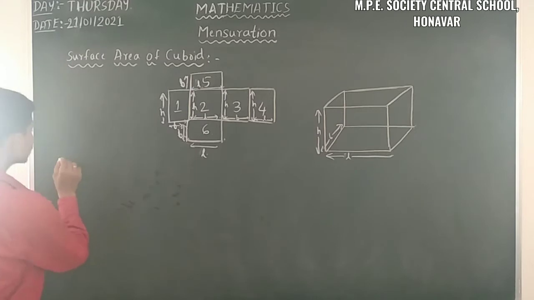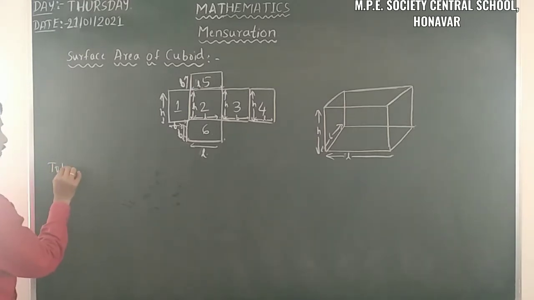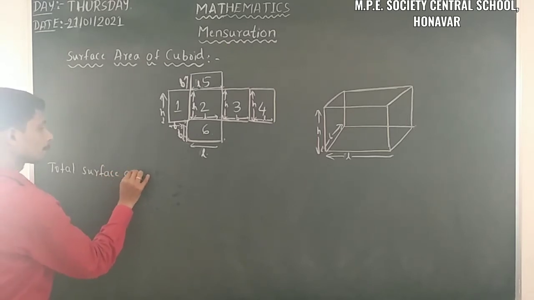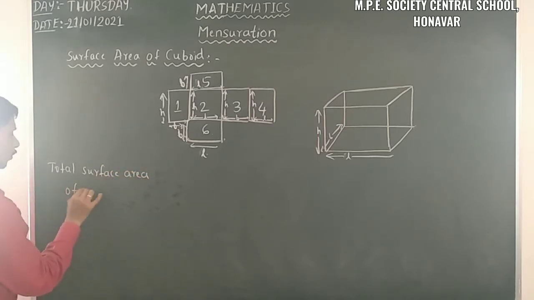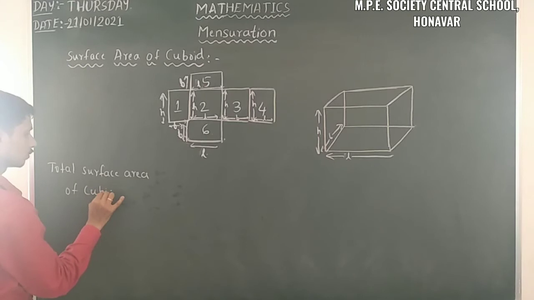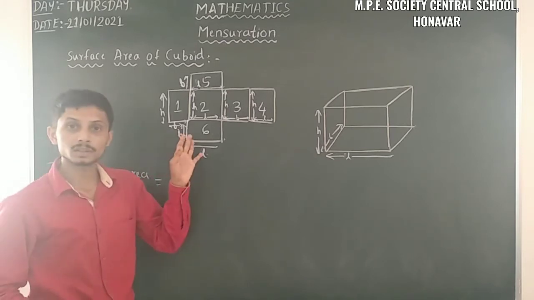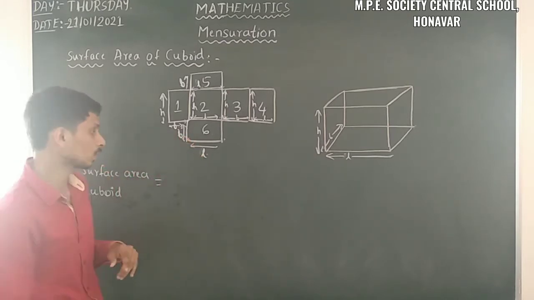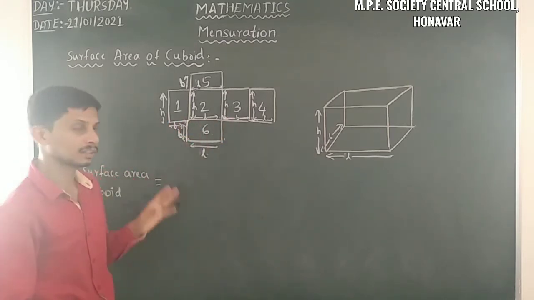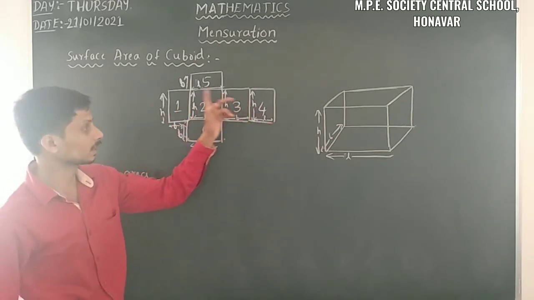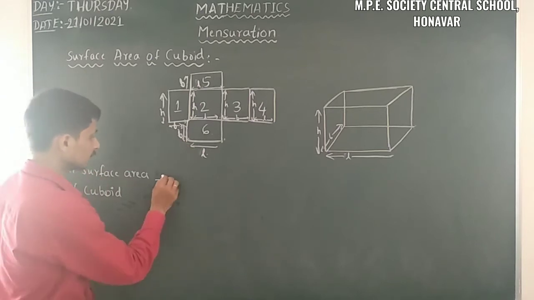So firstly we have to take the total surface area. Total surface area of the cuboid is equal to the area of face 1, area of face 2, area of face 3. I will take R1, R2, R3, because rectangle 1, rectangle 2, rectangle 3, rectangle 4, rectangle 5 and rectangle 6.